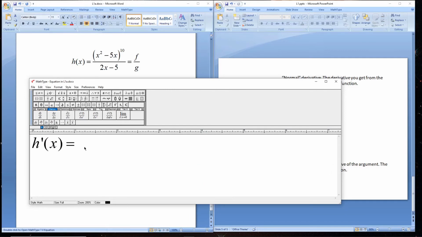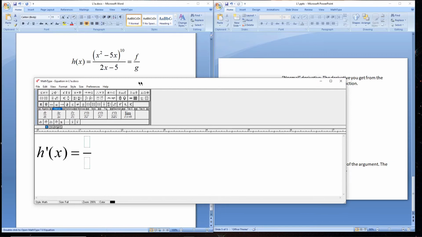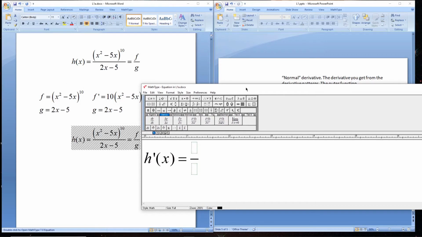So the quotient, we have, and why don't I just write this out real fast so you can see it? So that's the quotient rule. And so what is f prime?